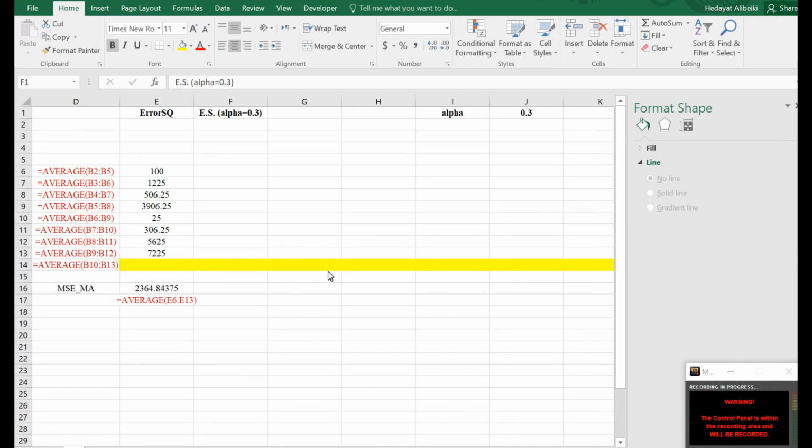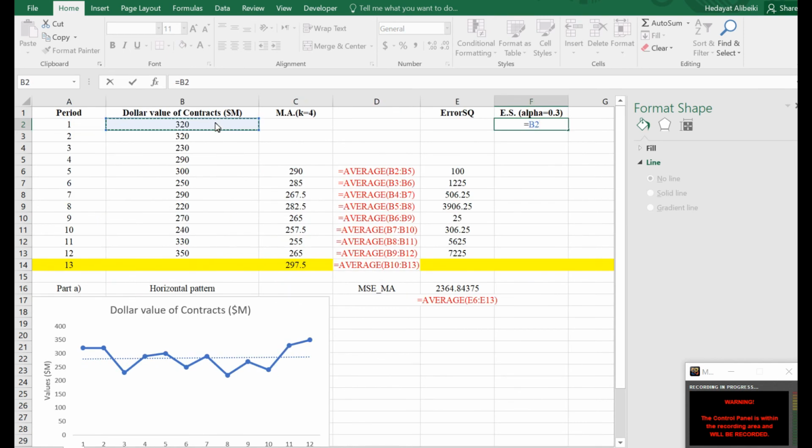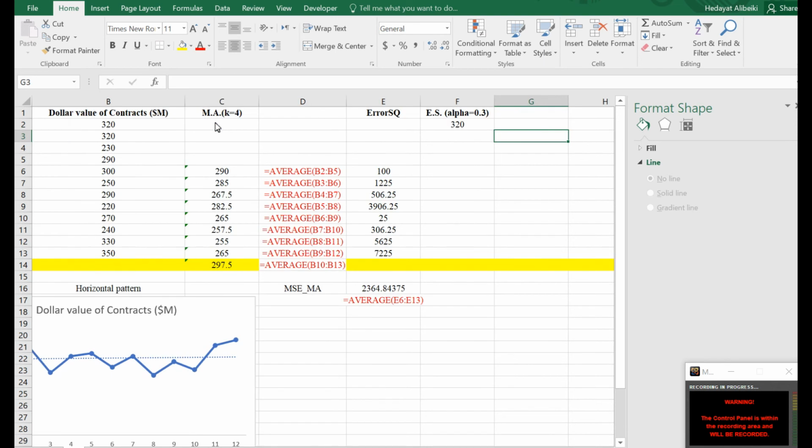So let me just go ahead and do it. The forecast at period 1, that's our convention, is always going to be equal to the actual observation at period 1. Let me show you the formula.